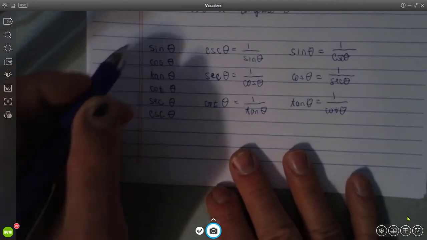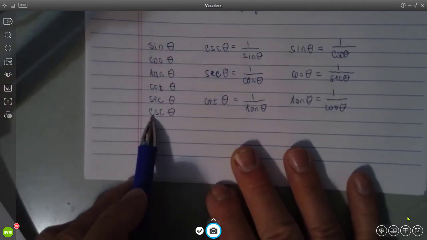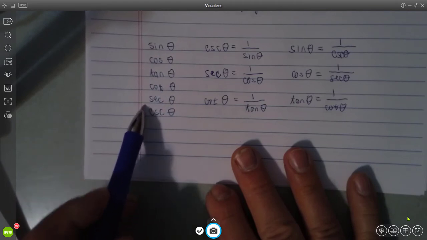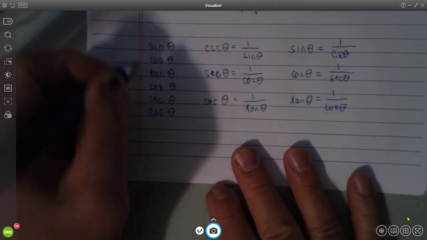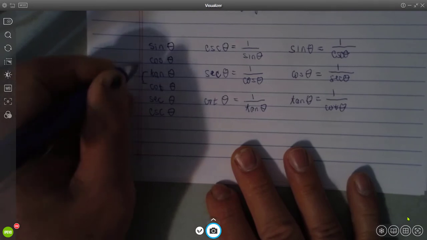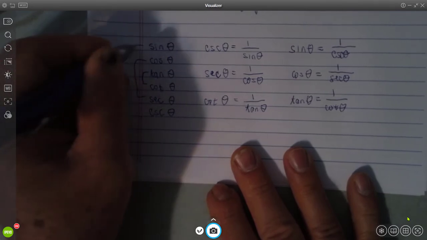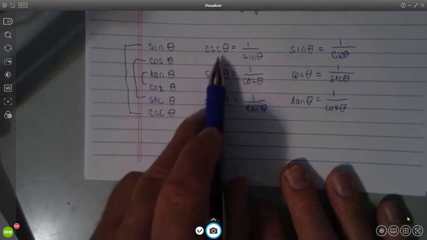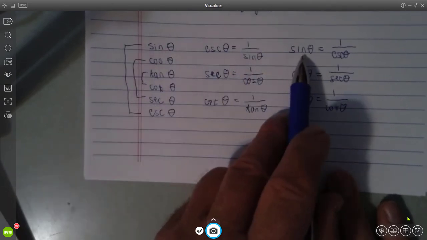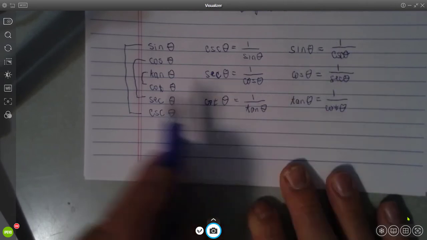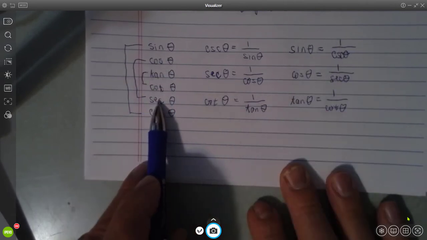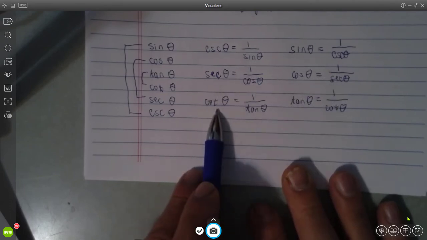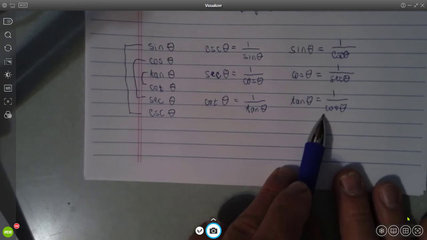We said when we first introduced these functions that it's a very good idea to memorize them in this order: sine, cosine, tangent, cotangent, secant, cosecant, because these nested pairs are reciprocals of each other. So the cosecant is the same as 1 over the sine, or vice versa, the sine is 1 over the cosecant. The secant and the cosine are reciprocals. Secant is 1 over cosine, cosine is 1 over secant, and the same pattern holds true for the tangent.